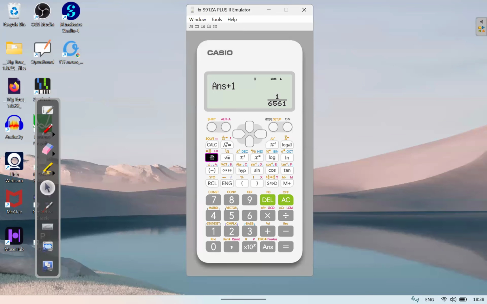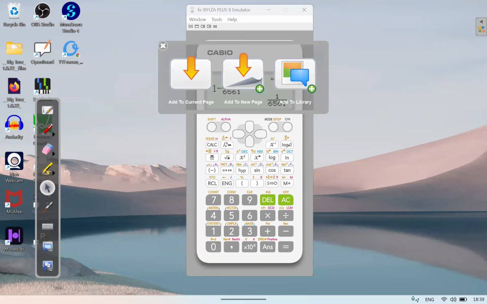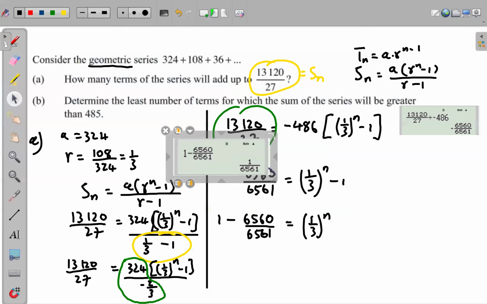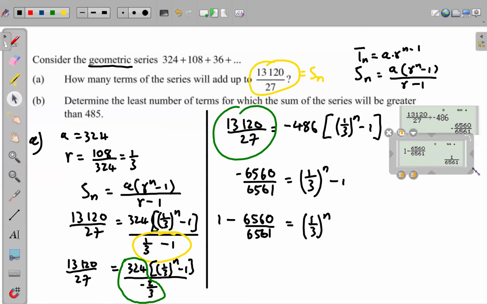I just want to do it so that no one will have an issue here. 1 minus... Just want you all to see it. Okay, here it is. So now I've got that.